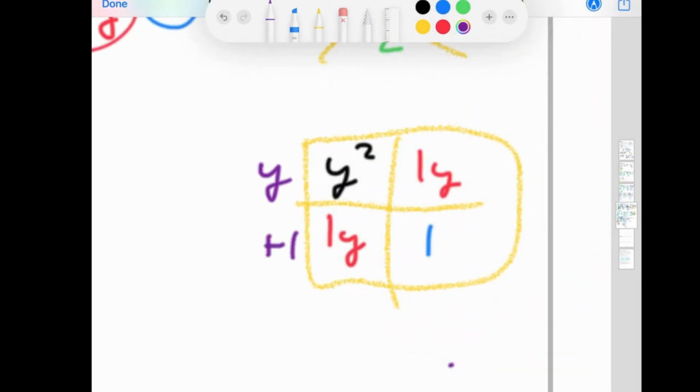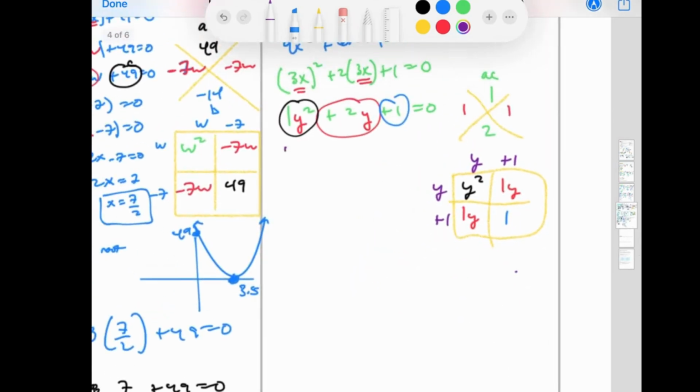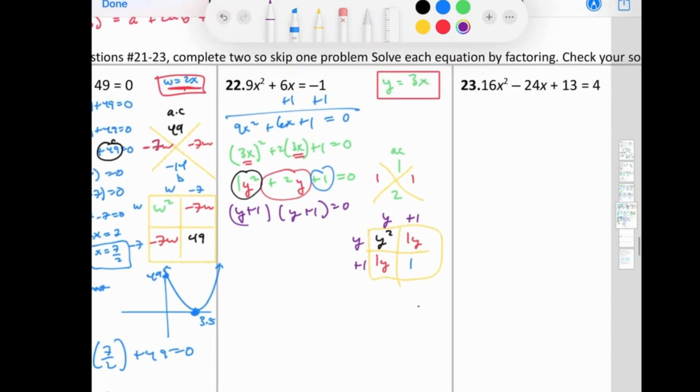Y, 1, Y, 1. Y plus 1, Y plus 1. And then here, this is where I would do my substitution.